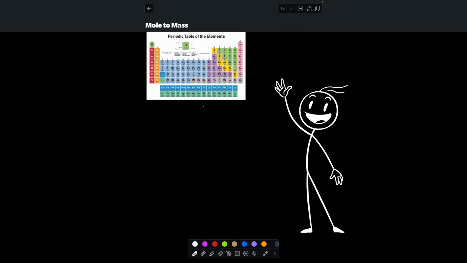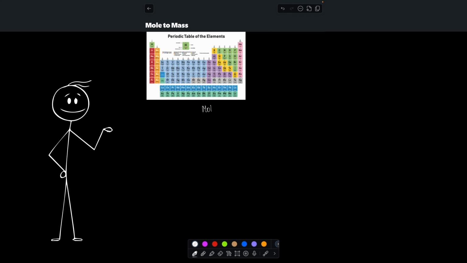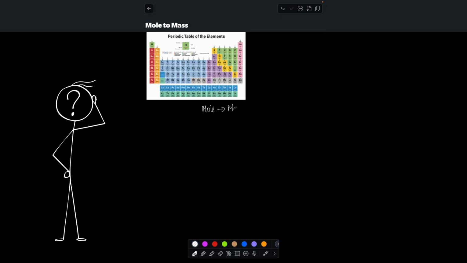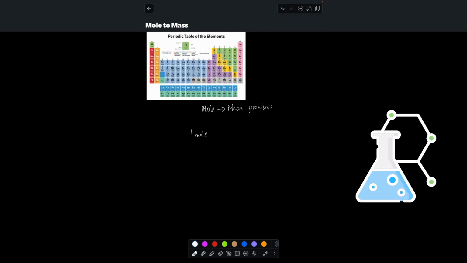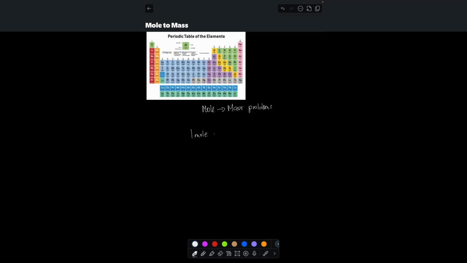Hello, today we're going to do some mole to mass problems. I just wanted to reintroduce the mole to you. Remember, we talked about the mole being a special unit of quantity that we use in chemistry. A mole can be specifically a number of particles of anything, right?